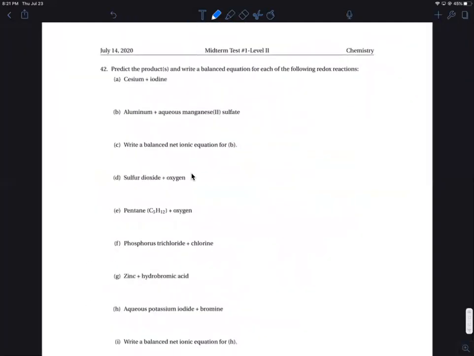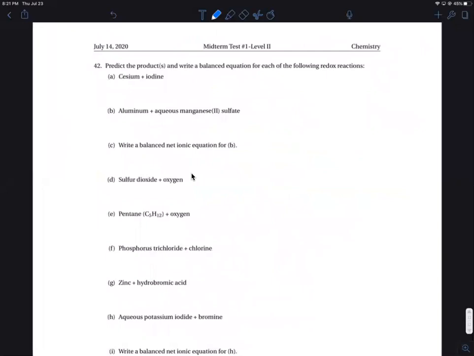I'm going to just do the same for this one. This one isn't too bad, because we just have to predict the products and write a balanced equation.